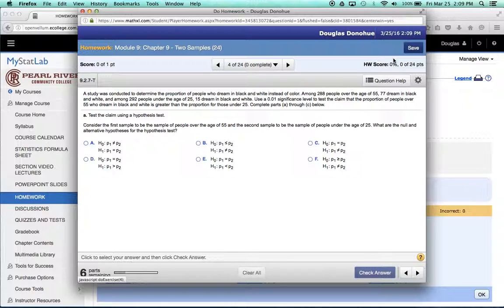Use a 0.01 significance level to test the claim that the proportion of people over 55, or proportion 1, is greater than the proportion under 25, or proportion 2.